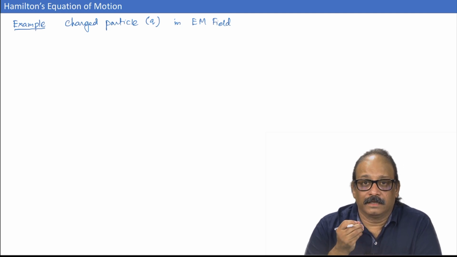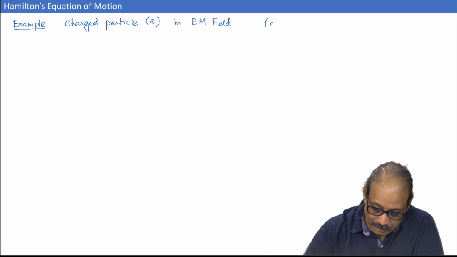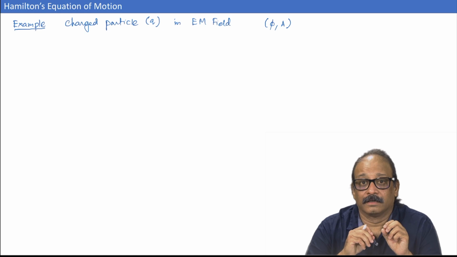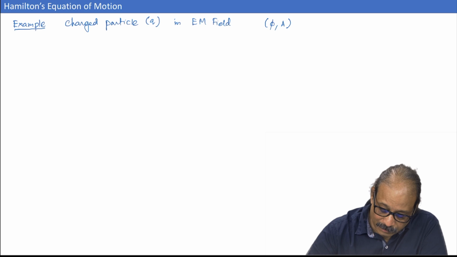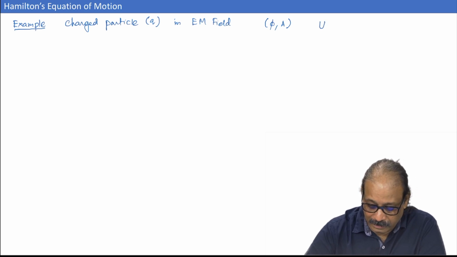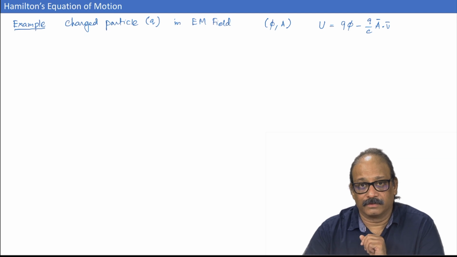That was using the scalar and vector potential. So, you have a pair of scalar potential and a vector potential, and remember our calculation in generalized potentials. This was the example, and what is the generalized potential in this case? Generalized potential U is given by q phi minus q by c times A dot v. That v there was the velocity.